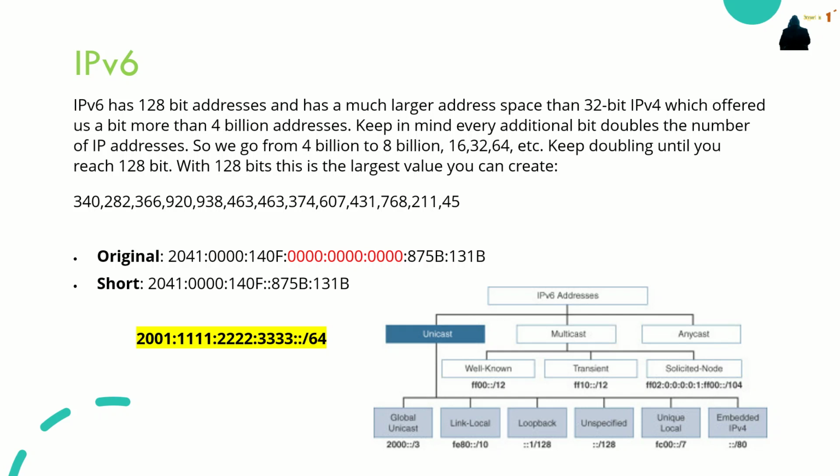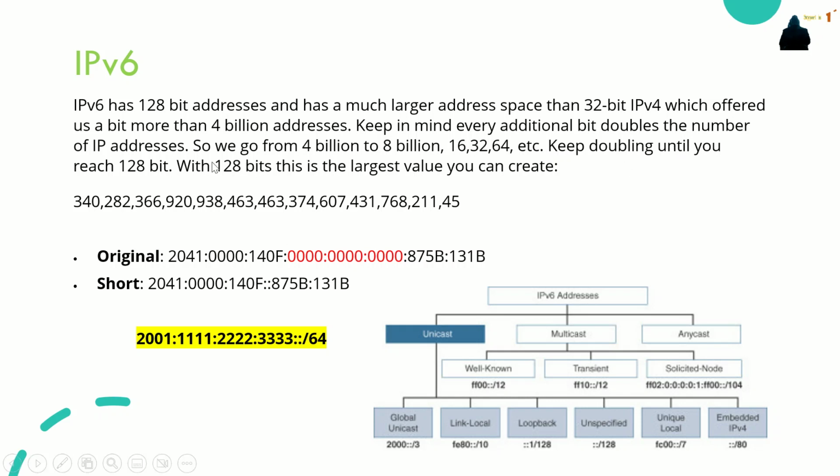And for example, keep in mind every additional bit doubles the number of IP addresses. So we go from 4 billion to 8 billion, and 16, 32, and 64, and whatever.